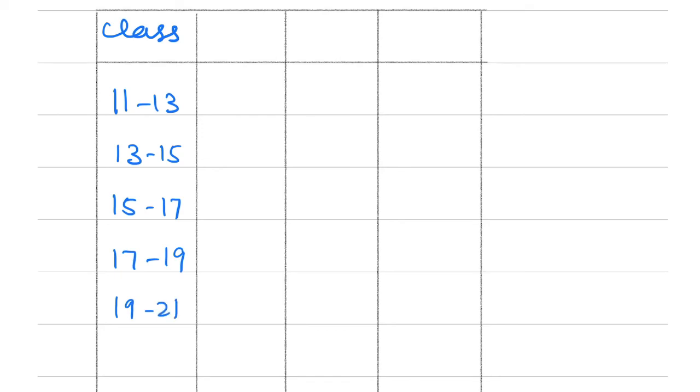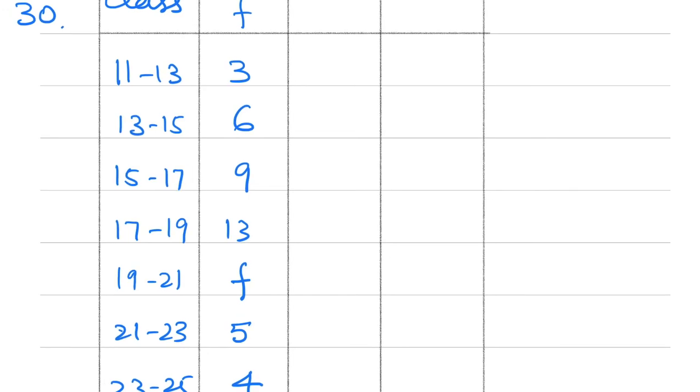We are given the classes: 11 to 13, then 13 to 15, 15 to 17, 17 to 19, 19 to 21, 21 to 23 and 23 to 25. We are given the frequencies as 3, 6, 9, 13, and here we have a missing frequency, then 5 and 4.